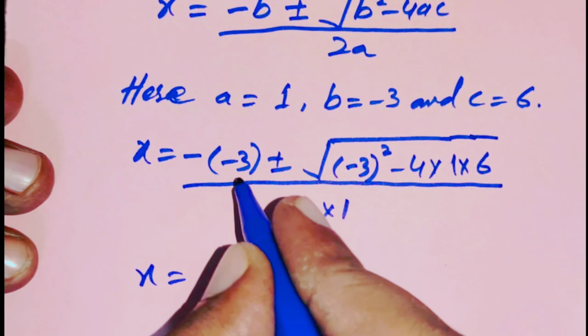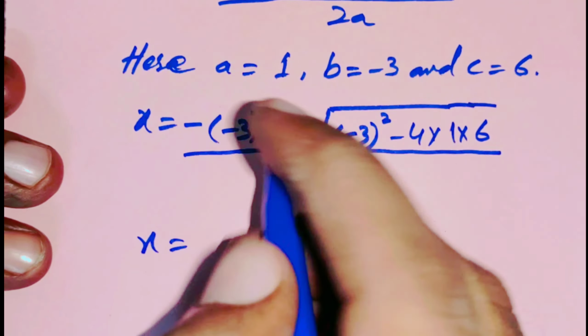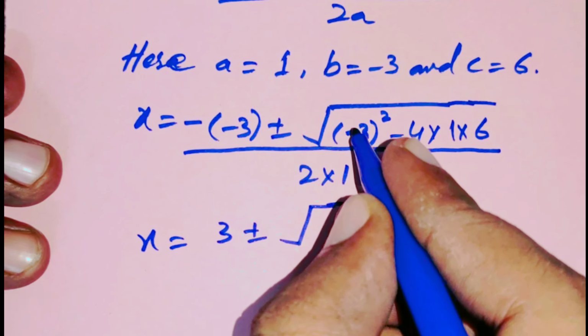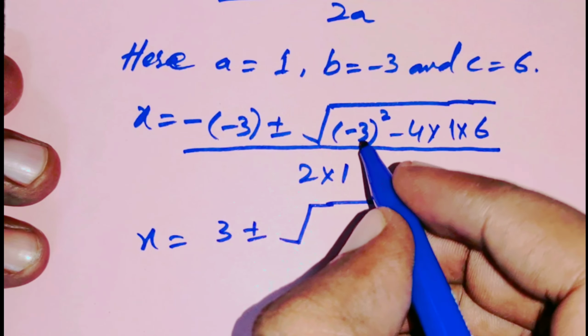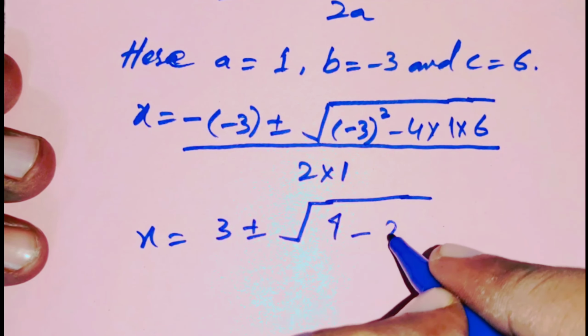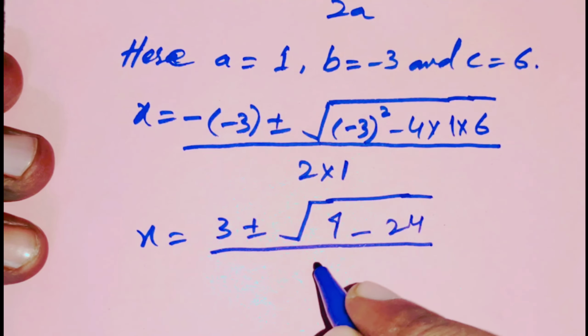So x equal minus into minus plus 3 plus minus square of minus 3 will be plus 9, minus 4 ones are 4, 4 6 are 24, over 2 ones are 2.